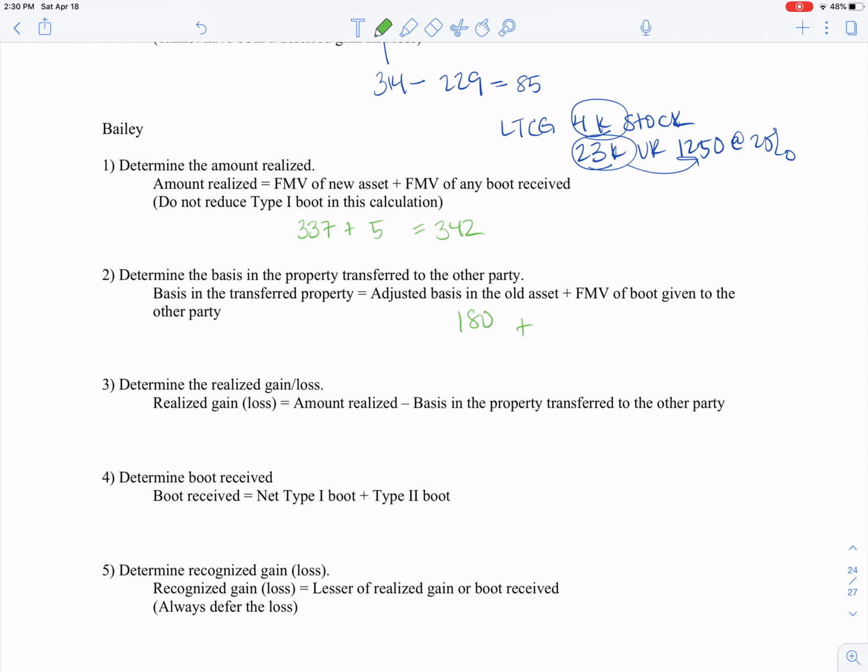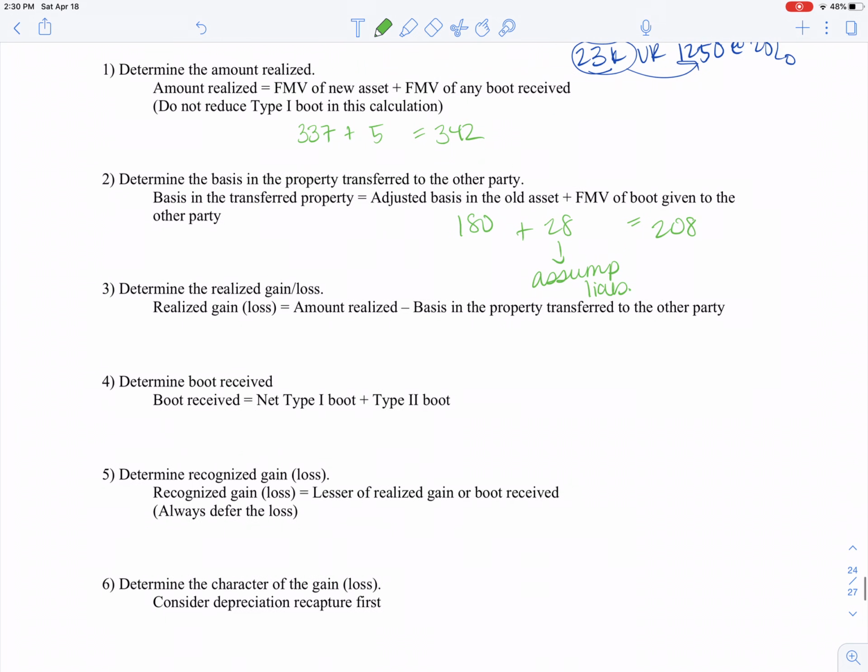180 plus the fair market value of the boot given to the other party. The boot given to the other party is the assumption of liabilities. So Bailey assumes those liabilities, so 208 is her basis in the property transferred. The realized gain or loss is the 342 then minus the 208 or 134.